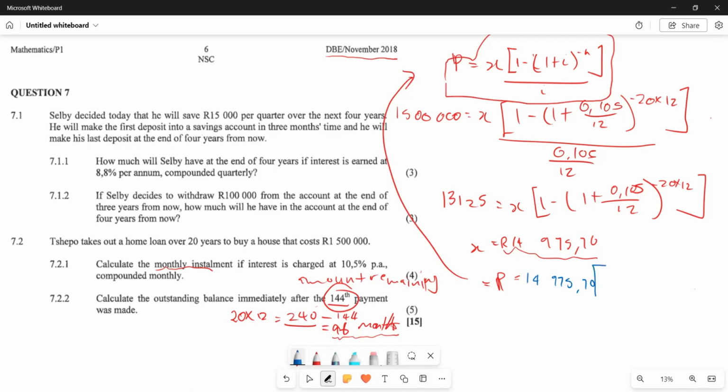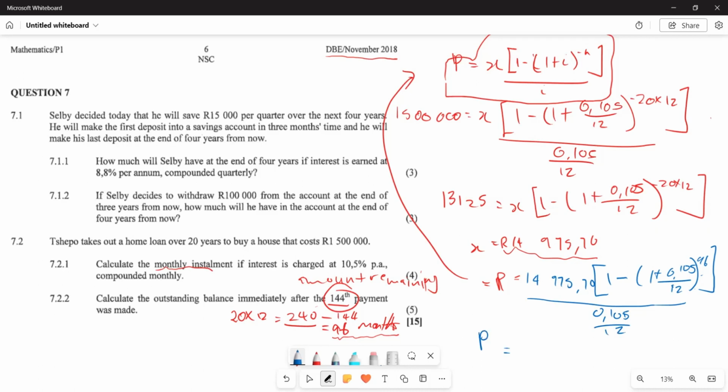Rather, this is going to be 1 subtract 1 plus 0.105 over what? Over your 12, to the power of negative 96. Remember, we are using 96 months, right? And I've explained that before. Divide by 0.105 over your 12.